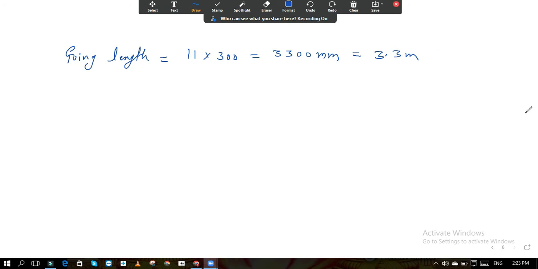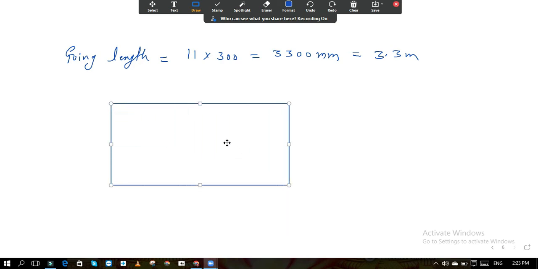Okay. So now if I roughly draw the sketch, okay, so this is 1 meter, that is your approach slab. Then this is the dog-legged staircase which I have drawn in plan.